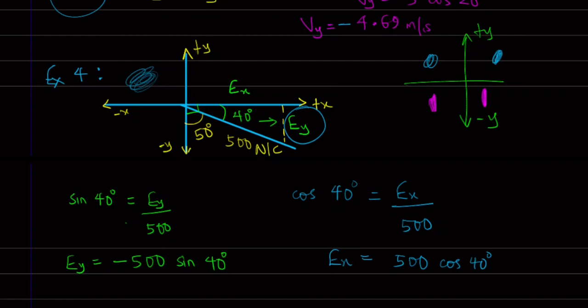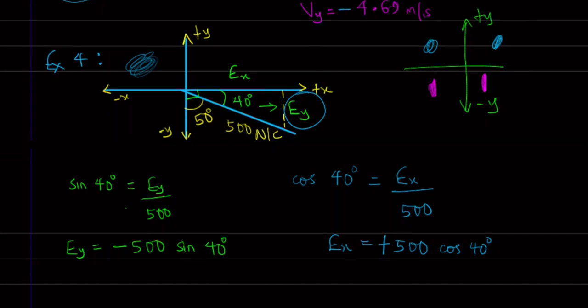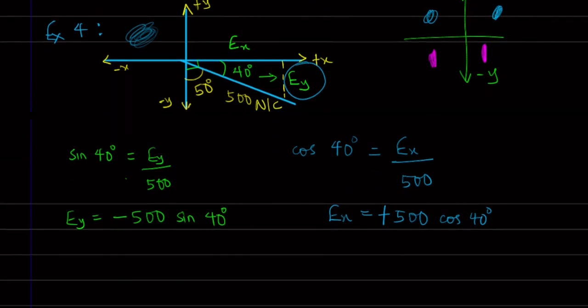Located on the positive x-axis, so it's going to be plus, which obeys the law of the fourth quadrant: in the fourth quadrant, cos is positive and sine is negative. Then we can have our value for EY to be negative. So our EY is negative, while EX is positive.